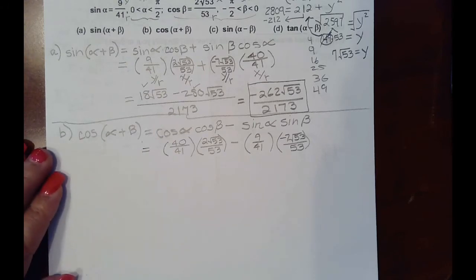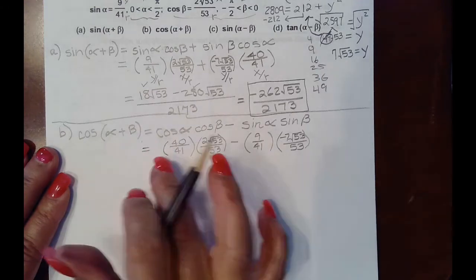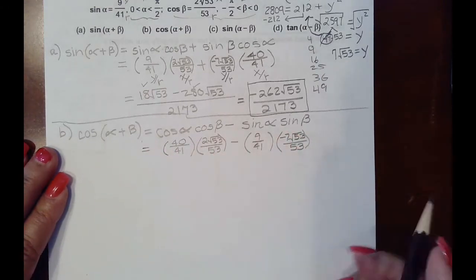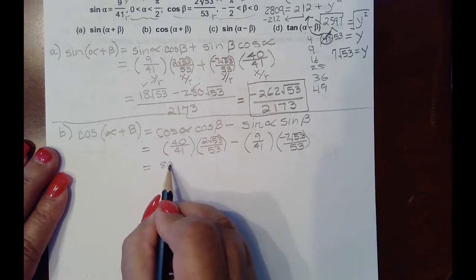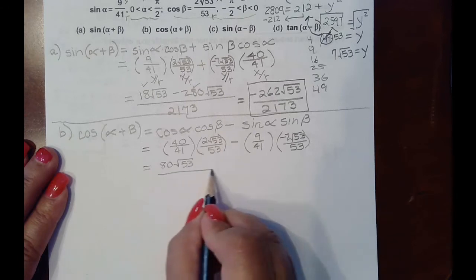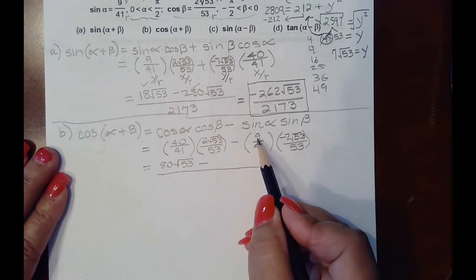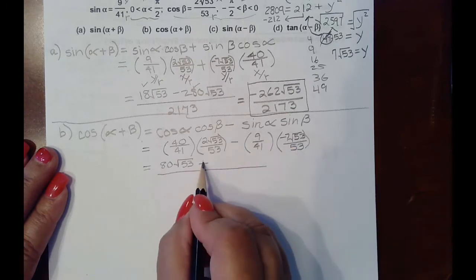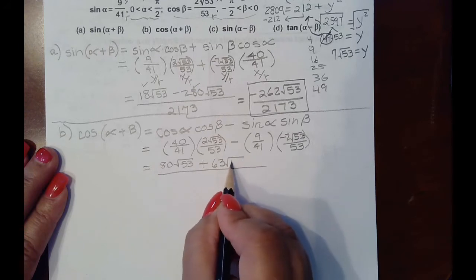Okay, now you're going to multiply just like we did in part A. We're going to multiply top times top, bottom times bottom for this product as well as this product. So this will be 2 times 40, that's 80 square roots of 53. They're both going to have the same denominator. And then here it's a negative 9 times a negative 7, so that's positive 63 square roots of 53.